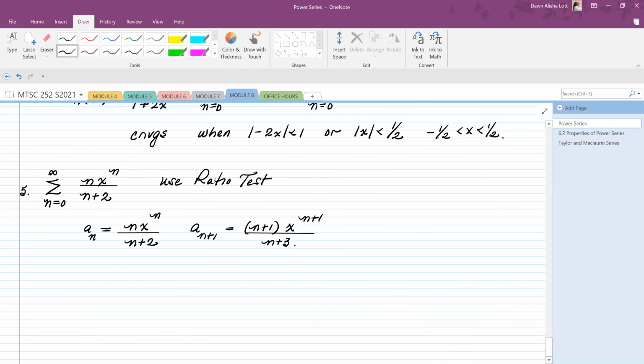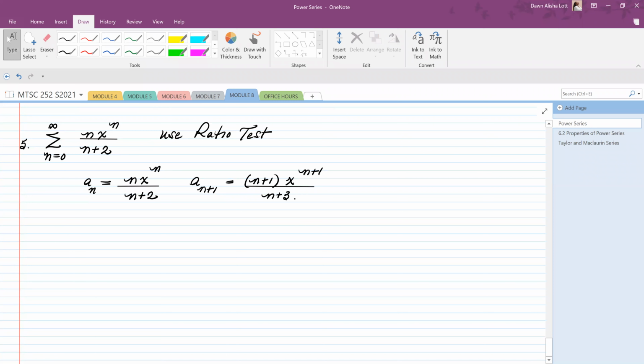The ratio test says that when I compute rho, which is the limit as n approaches infinity of the absolute value of a sub n plus 1 over a sub n, if this is less than 1, then this series will converge.